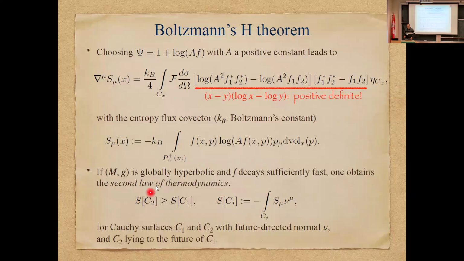If this Cauchy surface C2 is in the future of C1, then S of C2 would be larger or equal than S of C1. So you have a non-decreasing entropy. That's the first consequence of this theorem.